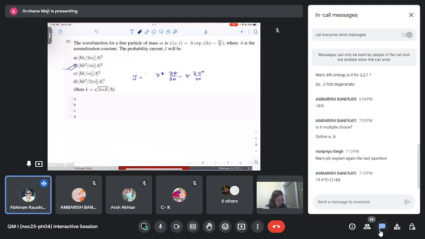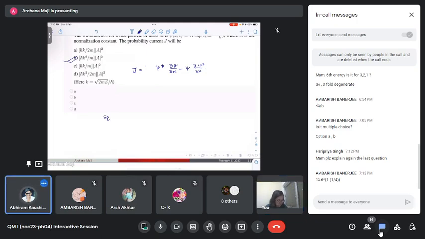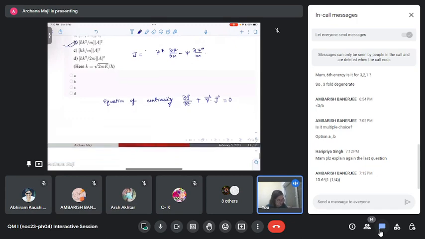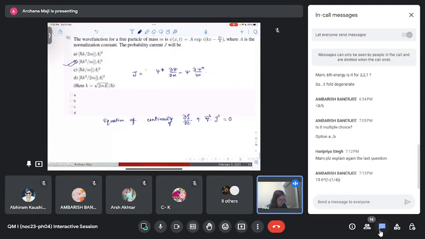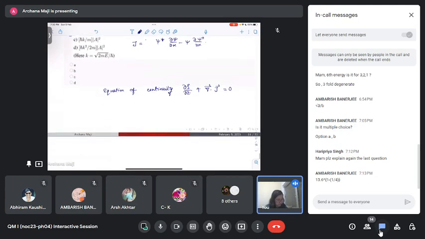So the equation of continuity says del rho over del t plus divergence of the current should be equal to 0, where rho is the probability density and J is the probability current density. So if we are given a wave function psi, what is the probability density?